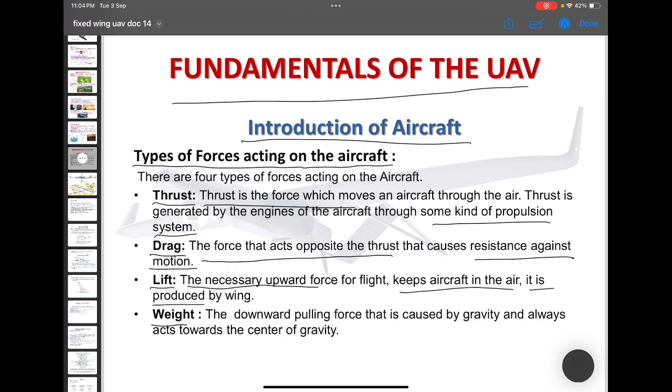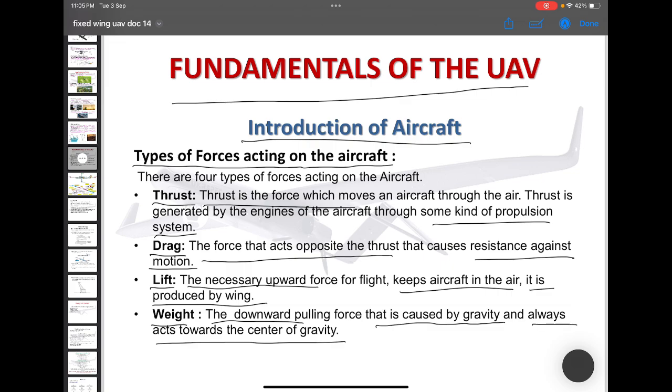It is produced by the wing. Already we have seen what lift is. Okay, now come to weight. Weight is the downward pulling force that is caused by gravity and always acts towards the center of gravity. Okay, these are the main four forces acting on an aircraft.